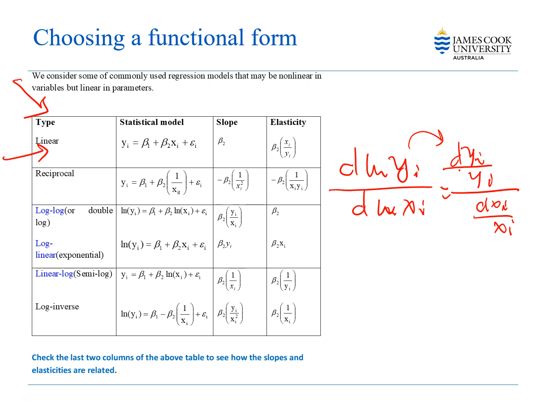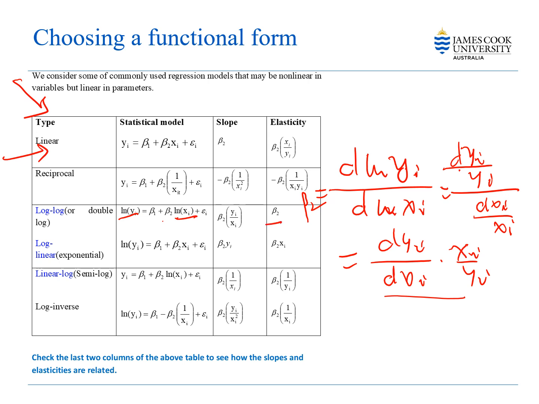You can check with the logarithm functions, and we derive that this is dy over dx_i times x_i over y_i. This d log y_i over d log x_i is equal to beta 2, right? Now log y is a linear function of log x_i, so this is equal to beta 2. So the elasticity is beta 2.